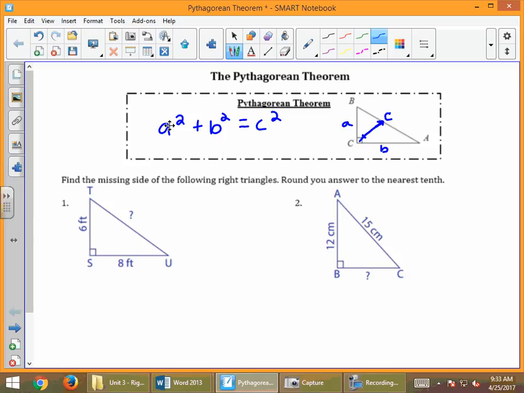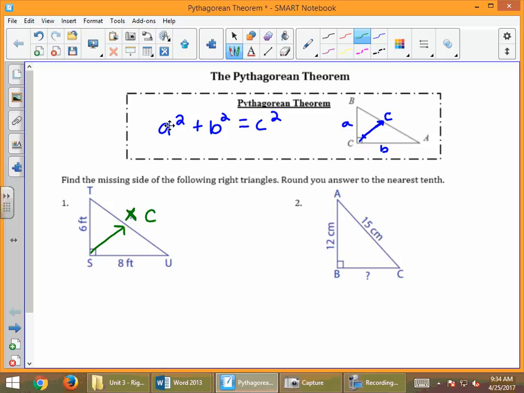Okay? So if we apply this in an example, take a look at number 1. We want to find the missing side of the right triangle. Here's our question mark; I'm going to label that with an X. That's our missing side. Then label your A, your B, and your C. When you label them, you always start at the 90 and go directly across from it.